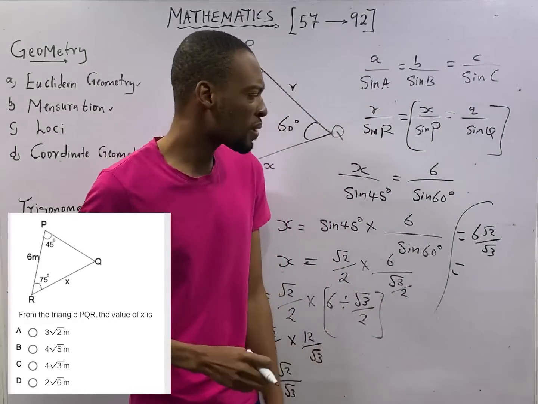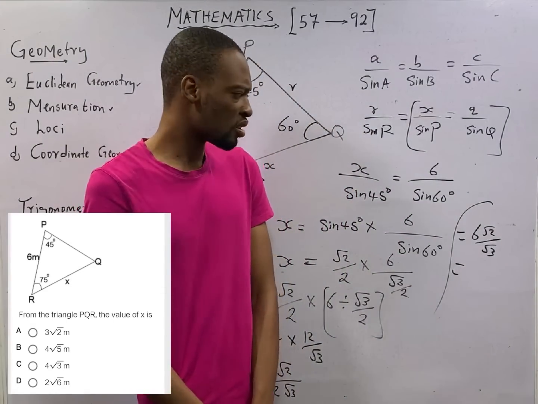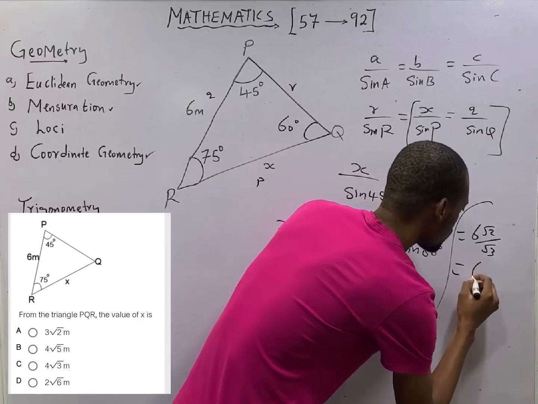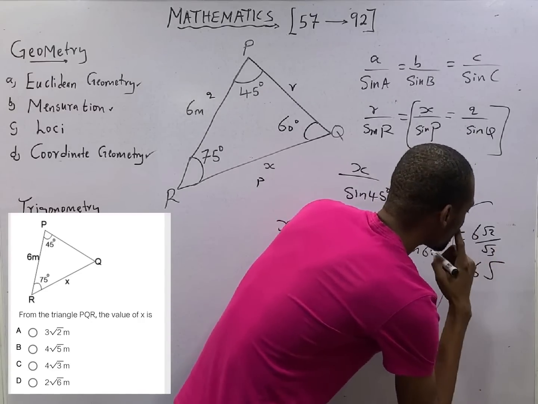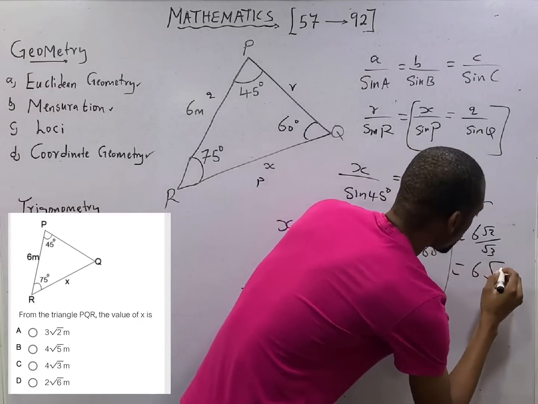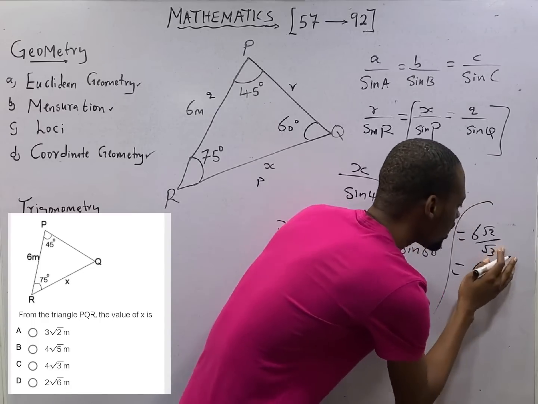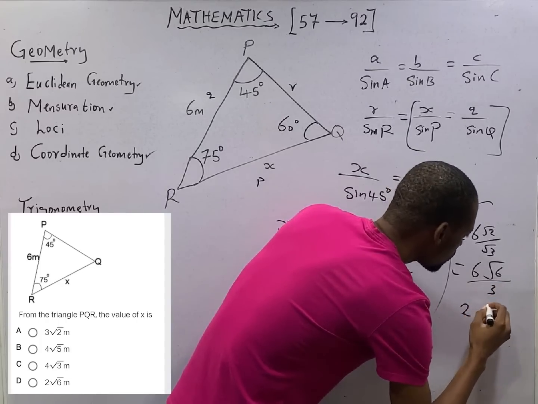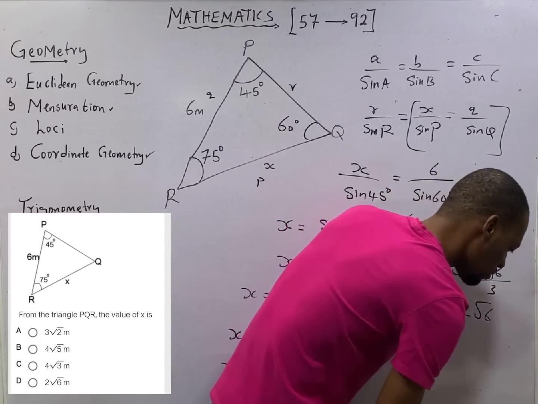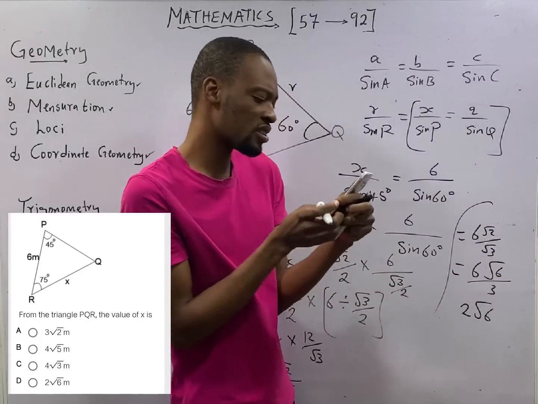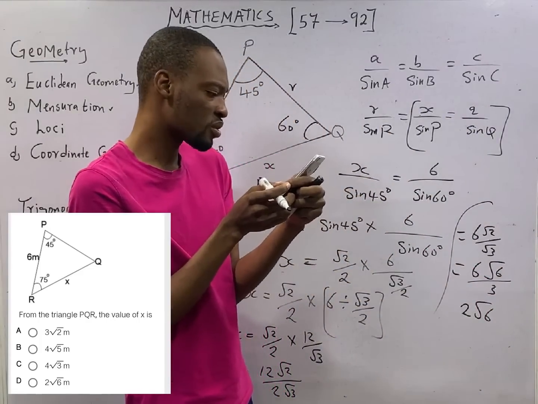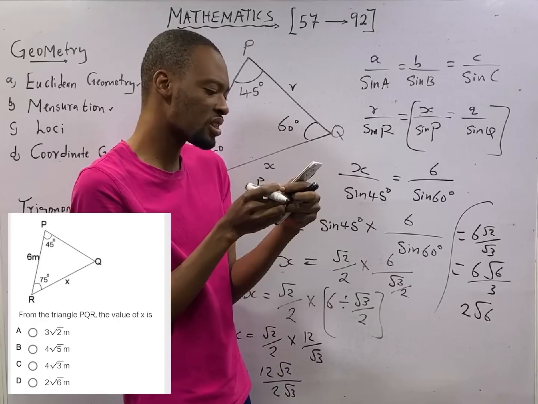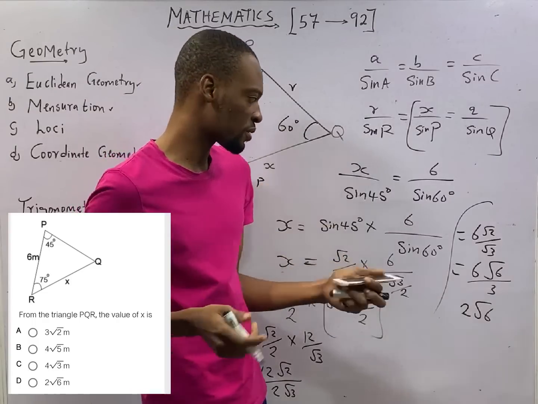If you multiply up and down by root 3, we should be able to get something like this: 6 root 3 times root 2 over root 3 times root 3, which is 3. So this will be 2 root 6. So that should be the rationalized surd, 2 root 6. Yes, that is correct. Option D is the correct option.